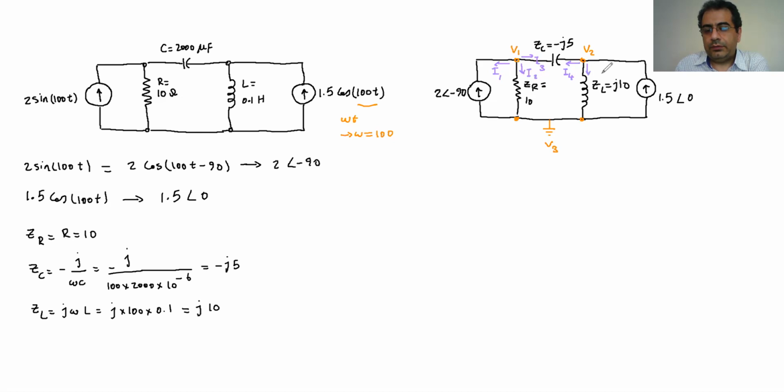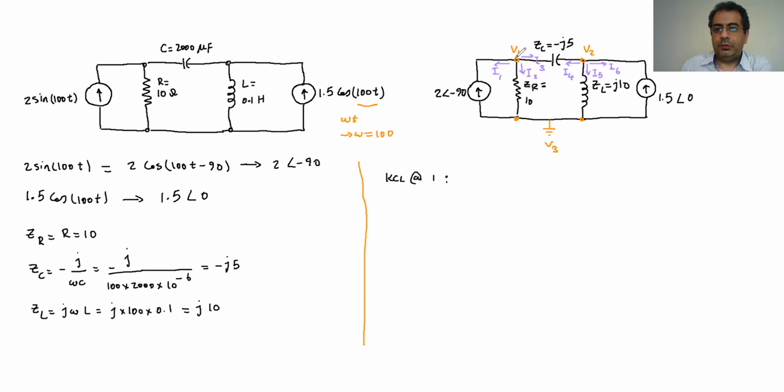Assume this is I5, and this one leaving also is going to be I6. So now I come here. Let me draw a line. Now I can write the KCL at 1.